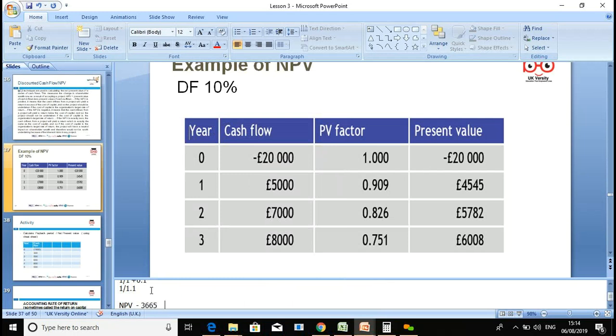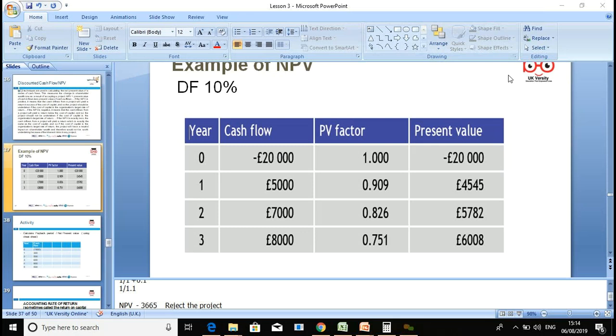So 3,000 minus 3,665, yes? So what we'll do, we reject the project, yes? Reject the project because our NPV is negative.